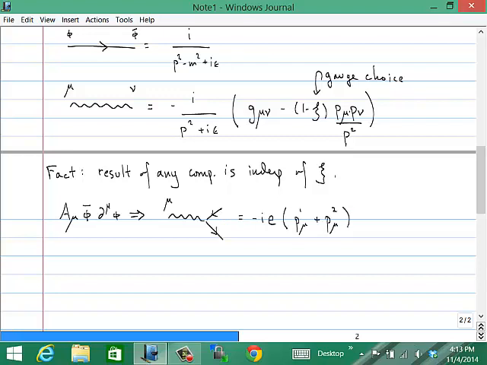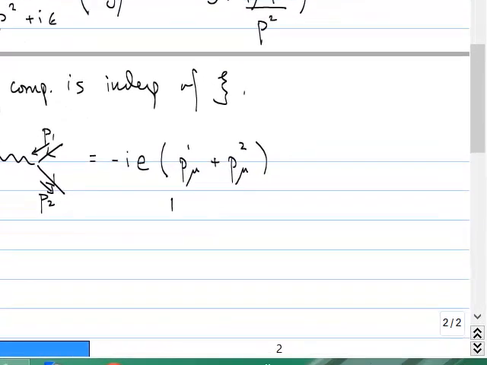And in order to soak up that index, there have to be some powers of the momentum there. That comes from the fact that there's a derivative in the interaction. Here, P1 is one of the momenta coming in, and P2 is the other momentum. And here I've oriented things so that the momenta are in the direction of particle flow. But if I changed the orientation of my momenta, I would get minus signs here. So we'll have to keep track of whether the momenta we're talking about are in the direction of or opposite to the direction of particle flow.